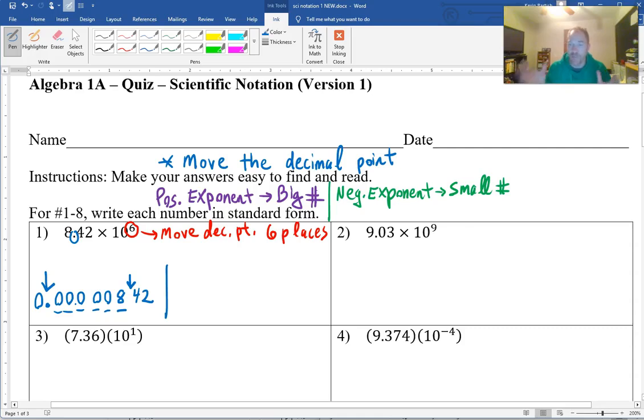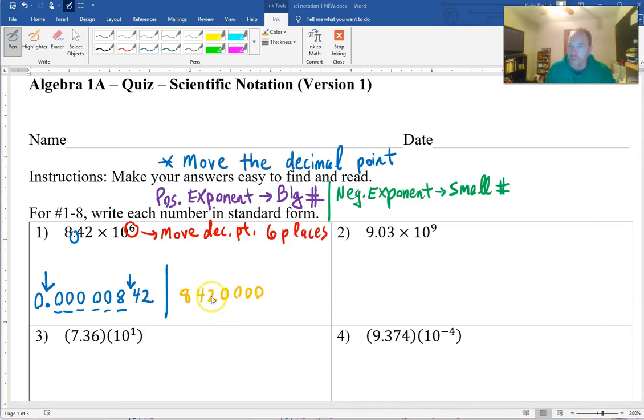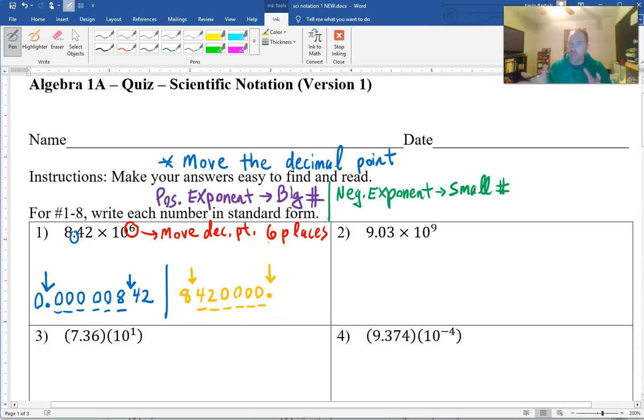But what if, instead of moving that decimal point to the left, I moved it to the right? If I move 1, 2, 3, 4, 5, 6, and end with the decimal point right there, that's another possibility of moving 6 places. So those are the two options.